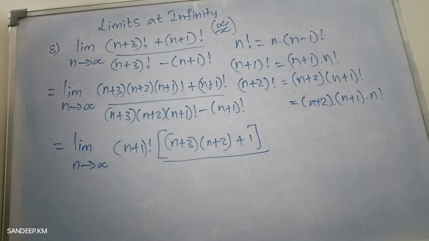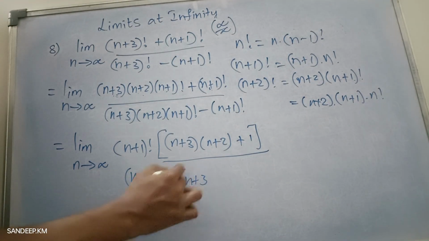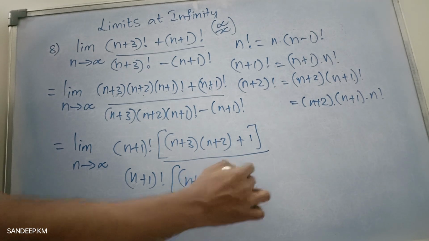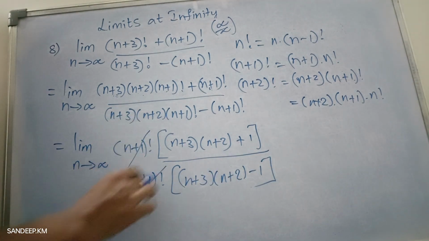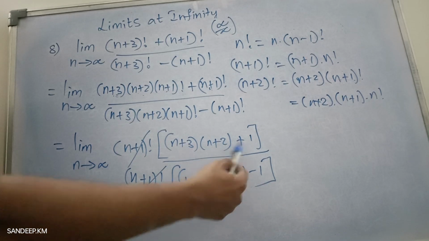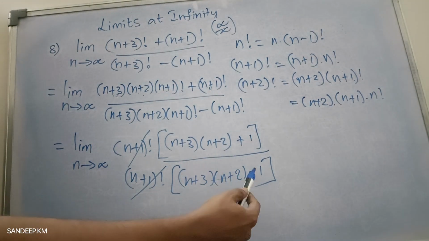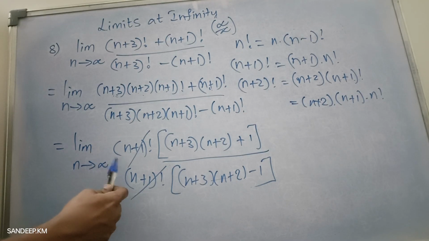The same story in the denominator also. If you take (n plus 1)! common, you will get (n plus 3) into (n plus 2) minus 1. Obviously the factorials get cancelled, (n plus 1)! factorials. Now you can solve it like the previous question. The numerator is a quadratic polynomial in n. The denominator is also a quadratic polynomial in n, and n approaches infinity.